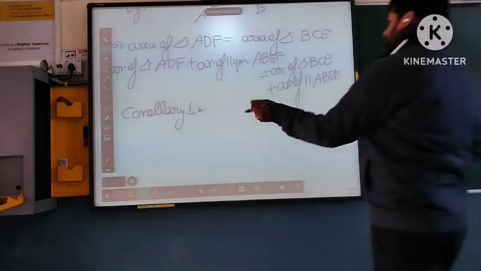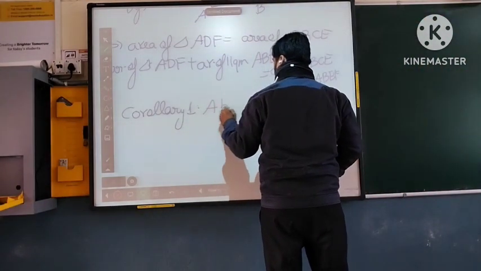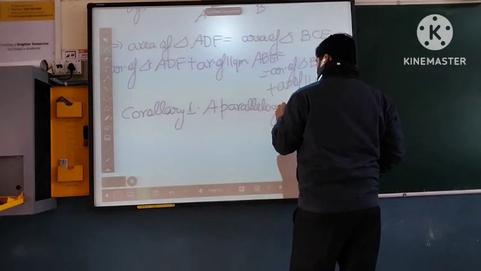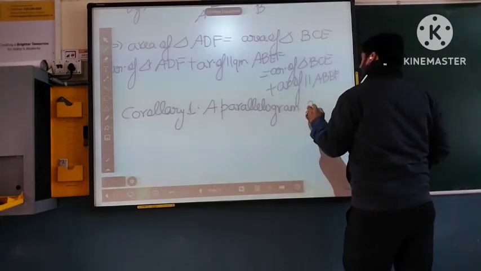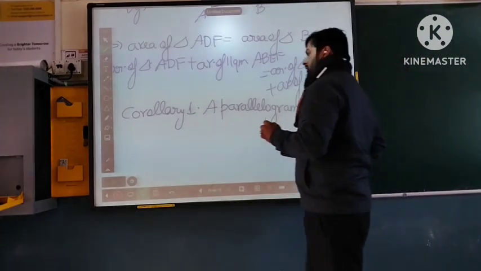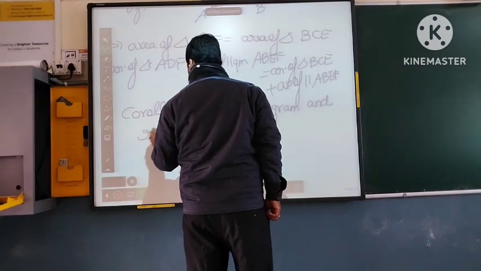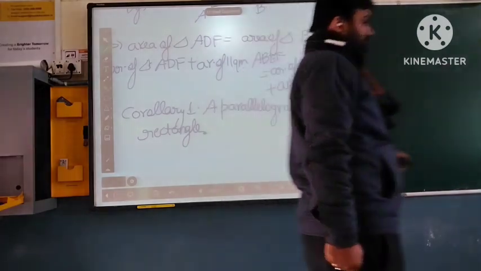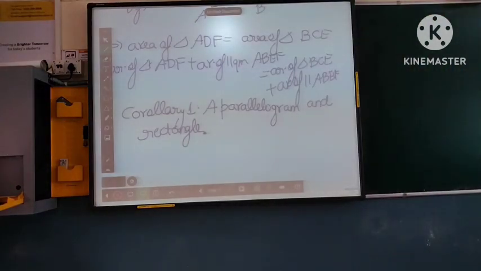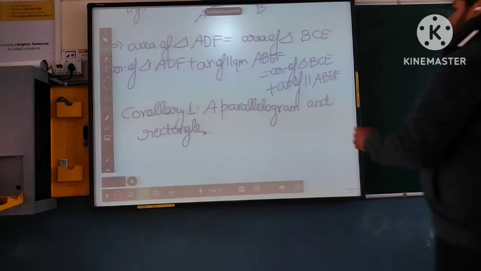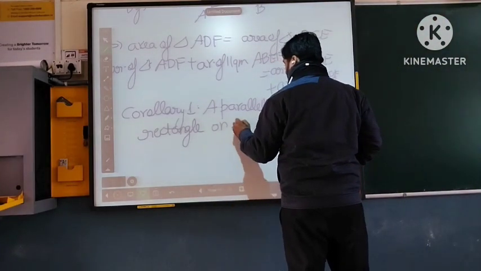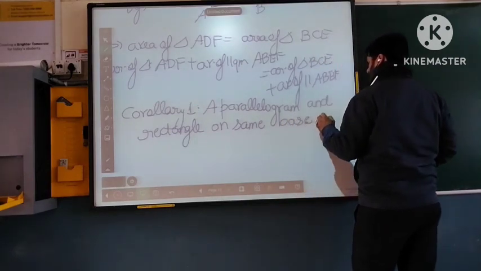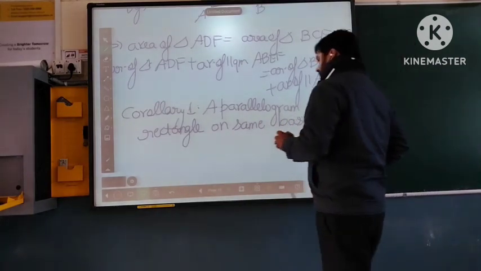Corollary 1. What does it say? It says a parallelogram and a rectangle on the same base and between the same parallels.